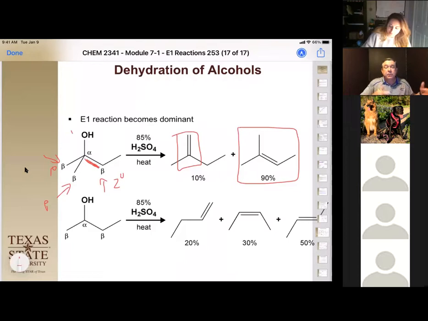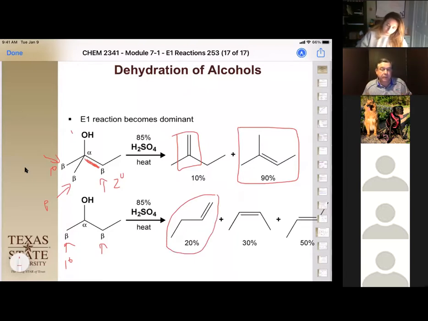Okay, let's move it around so we only have a choice between a primary and a secondary here. And let's look at our product ratio there. Again, we get a little bit of that primary beta elimination, giving us our terminal alkene, but our terminal alkene is the least stable of the set, right? We also can eliminate it where this methyl group has rotated around here and it gives us the cis isomer.